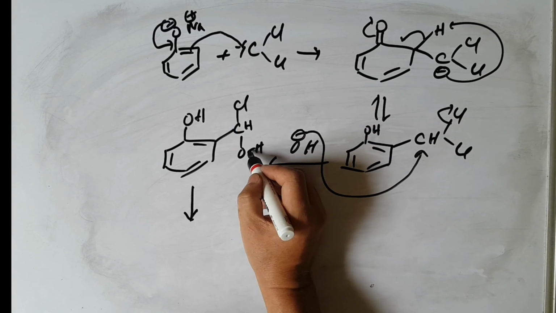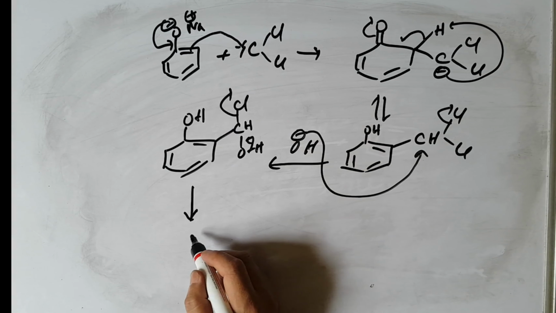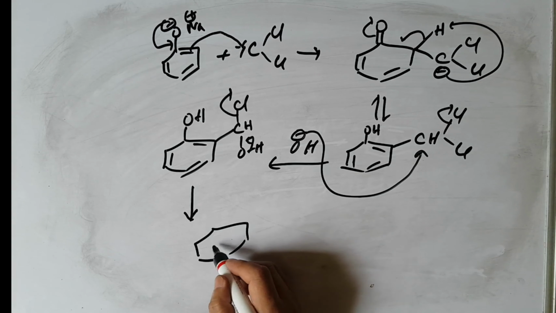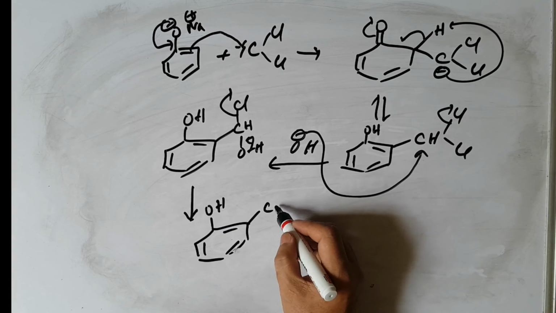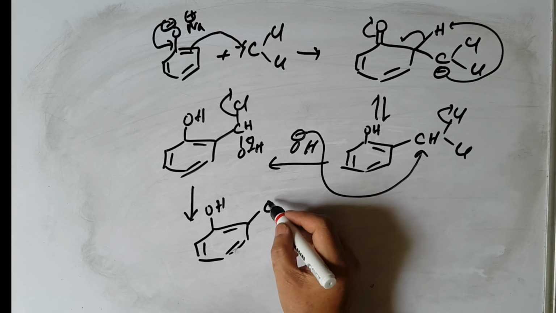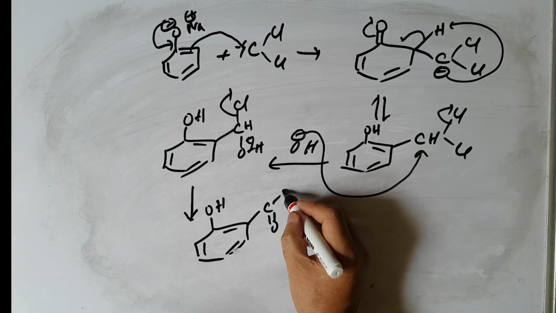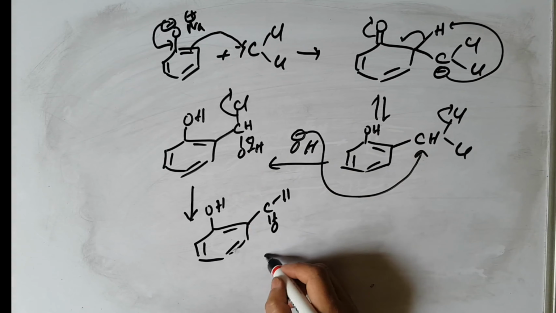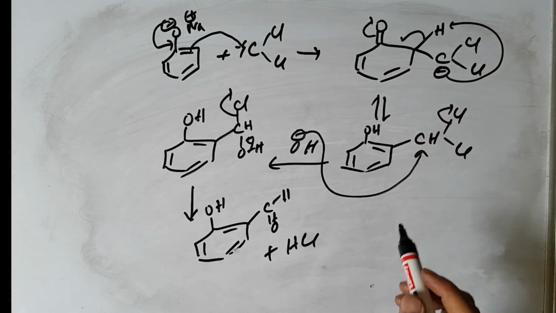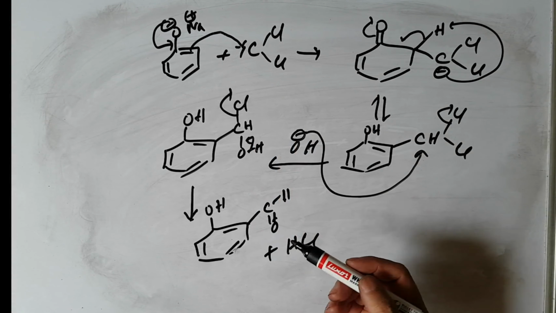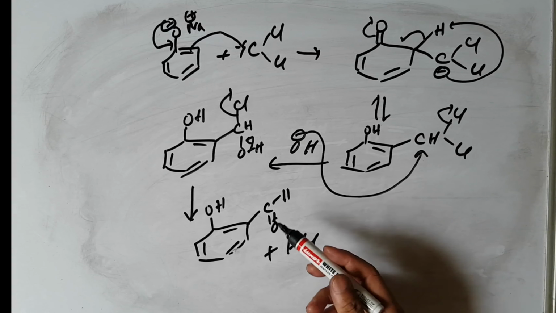Then loss of HCl will give this product. So this is the simplest mechanism for the formation of salicylaldehyde. You can have hydrogen here, a carbonyl group here, and loss of HCl. This is the mechanism for the formation of salicylaldehyde from phenol. So phenol reacts with chloroform in the presence of alkali to give salicylaldehyde.